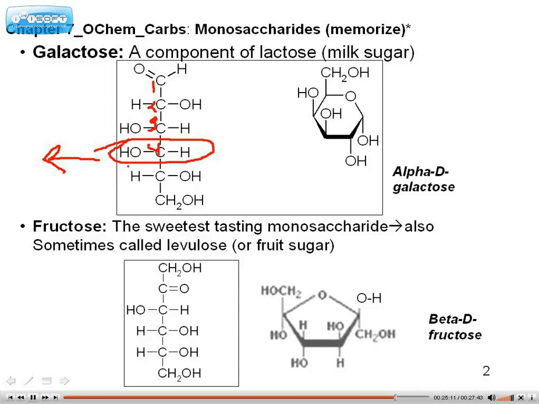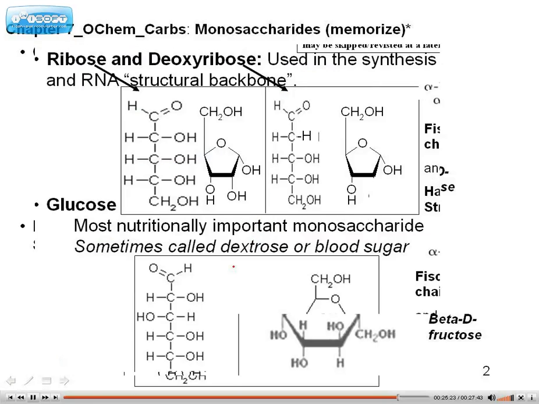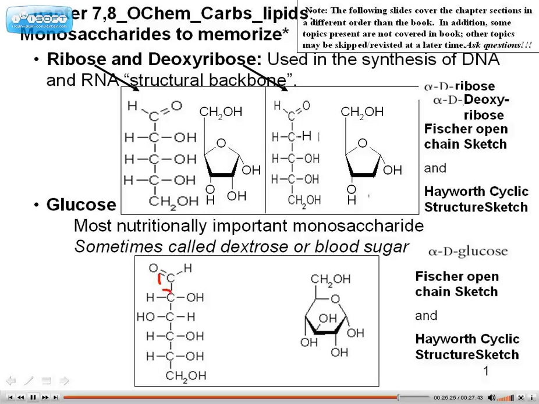Consequently, on the Haworth structure, it's going to be facing up. So compare that one to glucose, where it was on the right-hand side, as well as facing down.